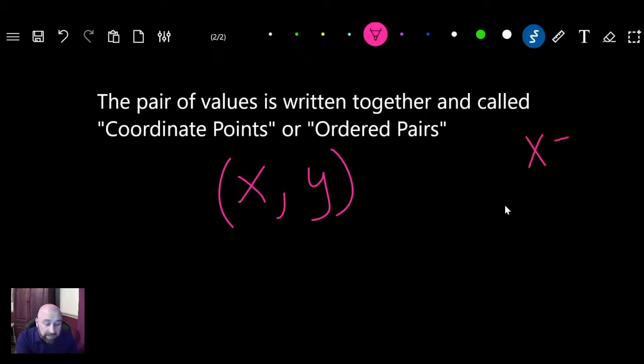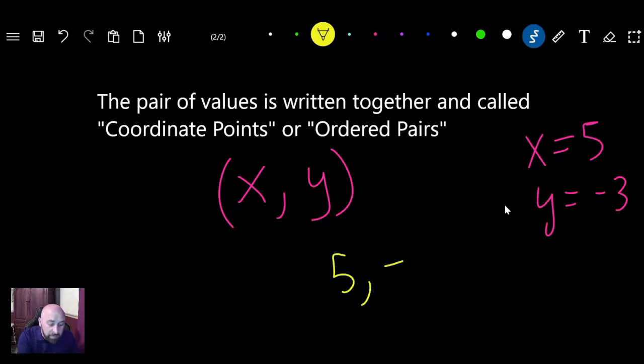Let's say that x equals 5 and y equals -3. The way that we would write that is (5, -3). You always write the x first, then the y. So it's always the x, comma, y. That's the way that we write coordinate points or ordered pairs, whichever way you want to say that.